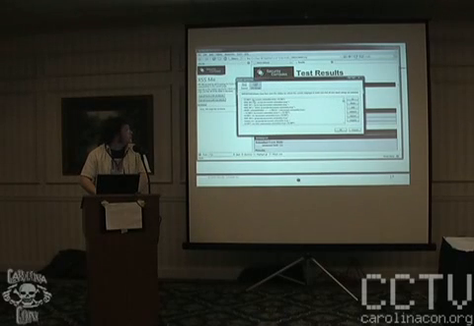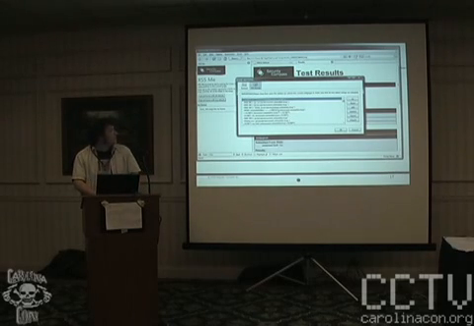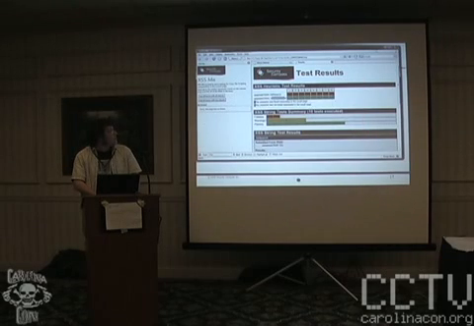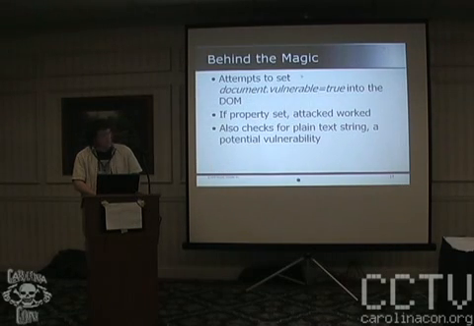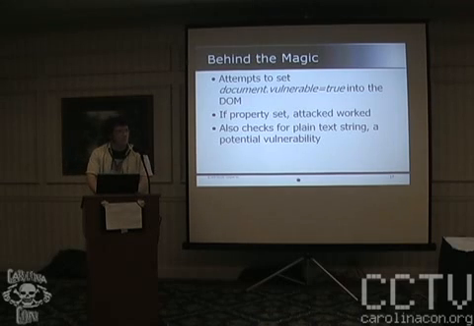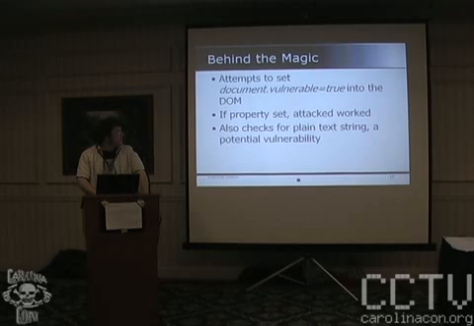So you can see most of our attacks, all they really are is some sort of variation of the script which says document.vulnerable to true. So if we look at our rendered page when it comes back and document.vulnerable is true, we know that the script executed. That's really how it works behind the scenes, where we make sure that every single script has this vulnerable equal to true, and that, I guess, signifies that there's something wrong.